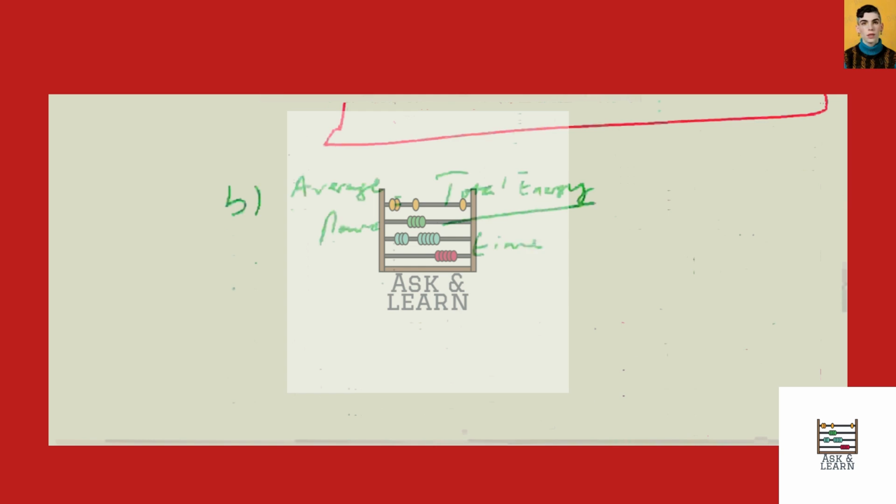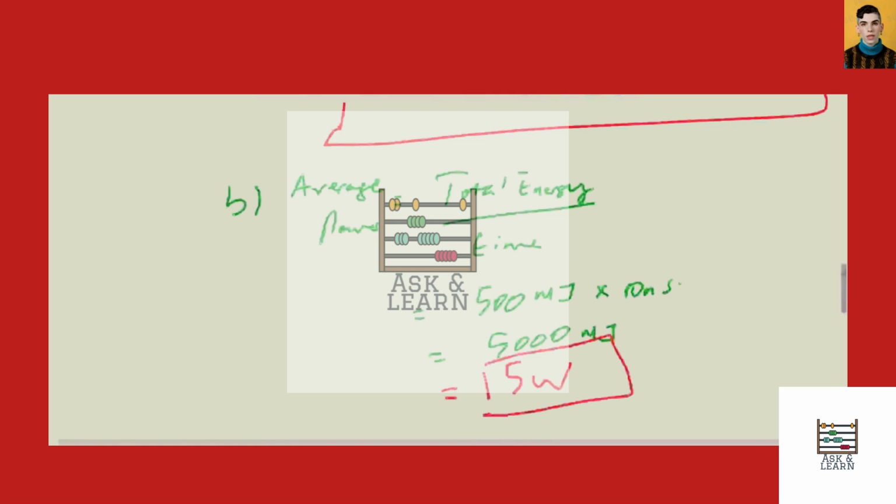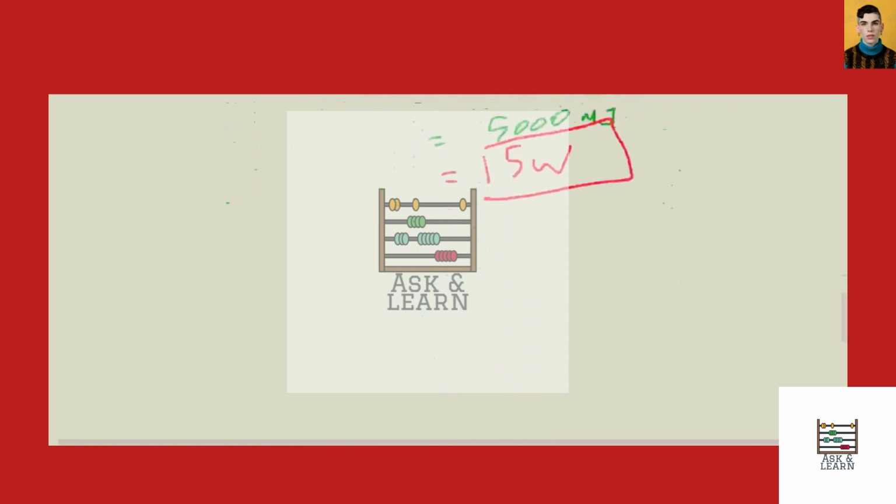So this is the same as 500 millijoules times 10 nanoseconds, and that becomes 5,000 millijoules, which is exactly the same as 5 watts. That's exactly the same as 5 watts.